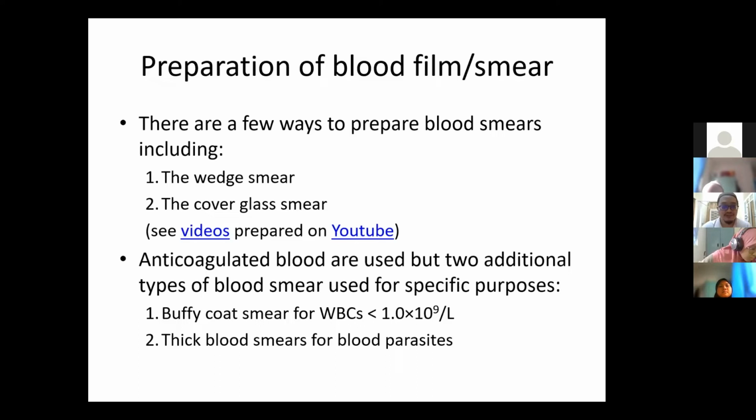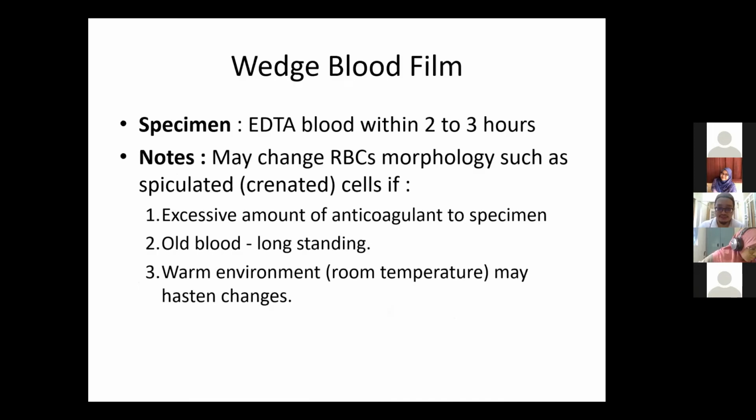We can take that out and do the smear just like the one for red blood cells, but for white blood cells. And we can also use the thick blood smear for blood parasites. But in this lecture and our lab session, we just do the normal, common blood smear.